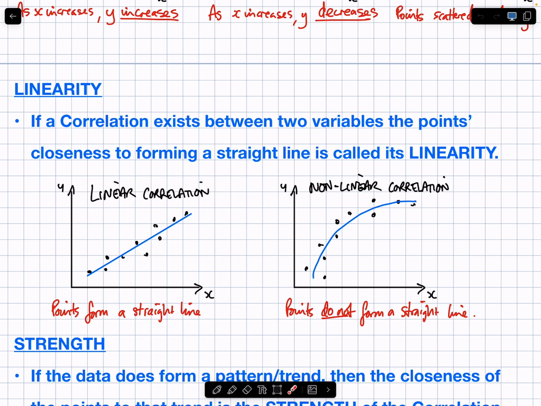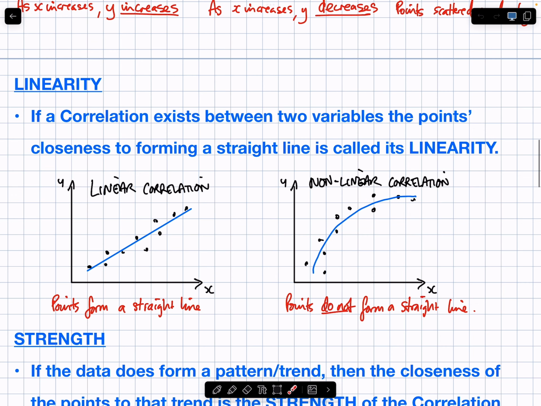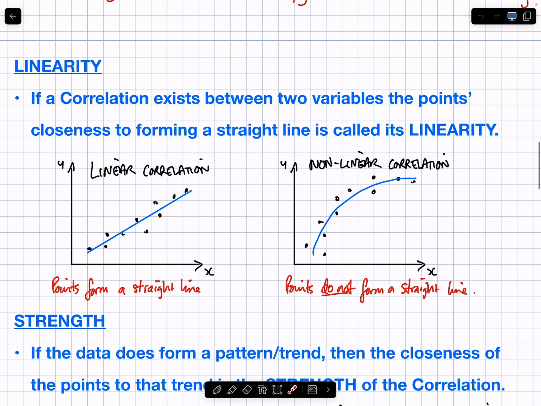So at this point and up to Year 12 General Maths, you would say, actually the 10 Extension Maths students, you might call that a logarithmic one. But we would just say non-linear at this point. Because it's not forming a straight line. So get a quick sketch of that, please. If it doesn't form a line, non-linear. If it forms somewhat of a line, linear.